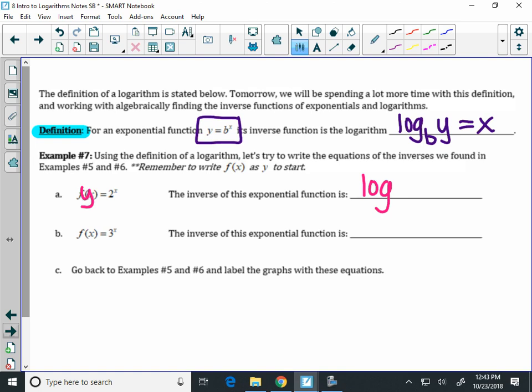So what's the base of the exponential in this part? 2. So it's log base 2 of y, equals x.